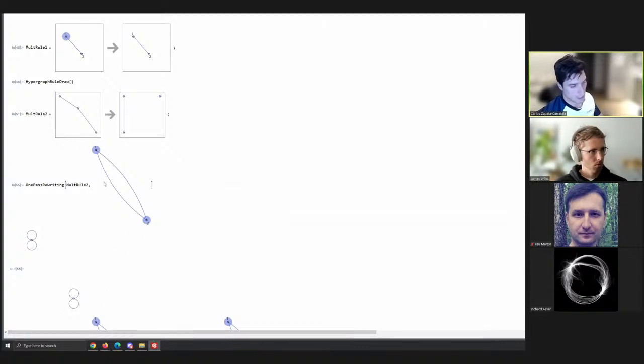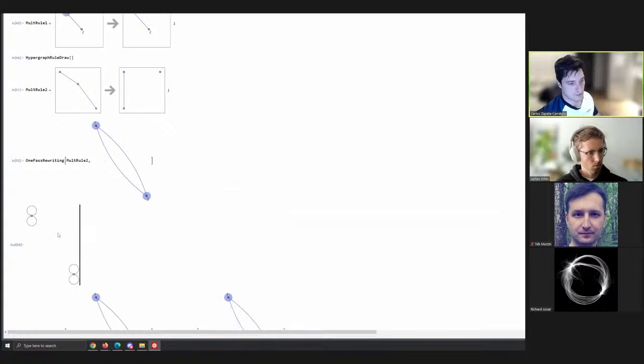Yeah. Because the pattern matching happens in two possible orientations, because there's this symmetry.